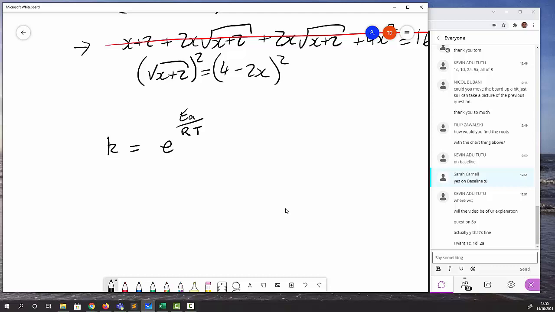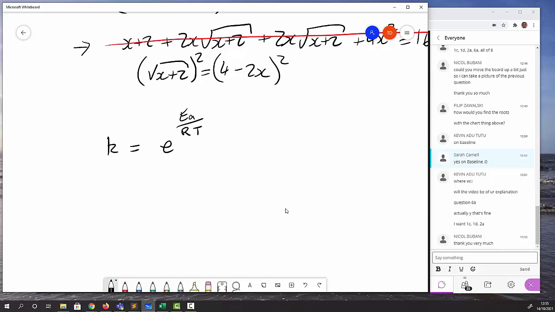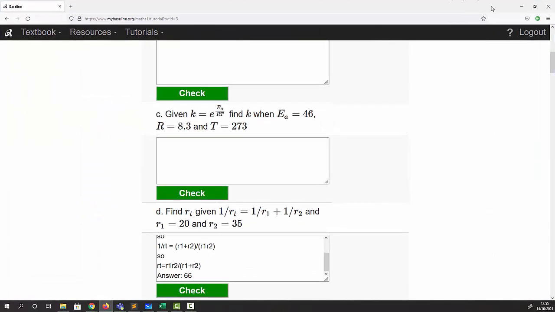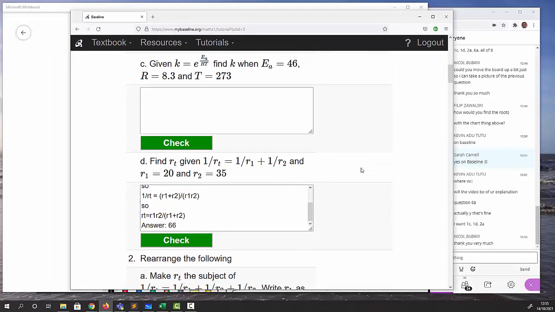Find k when Ea equals that and so on. So you'd type this into Baseline and put the values in. Yep, so that's 1C and 1D is similar. Let me show you this, but I think it's on the video as well. Don't go max, go min.